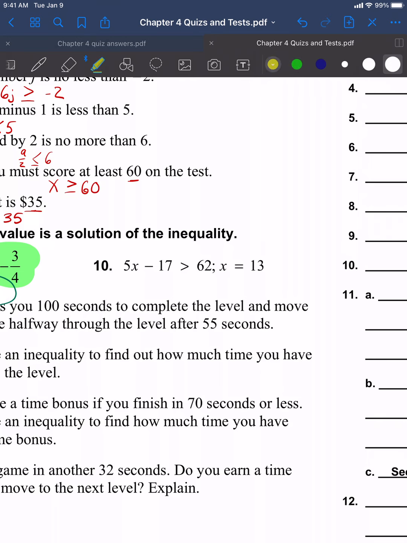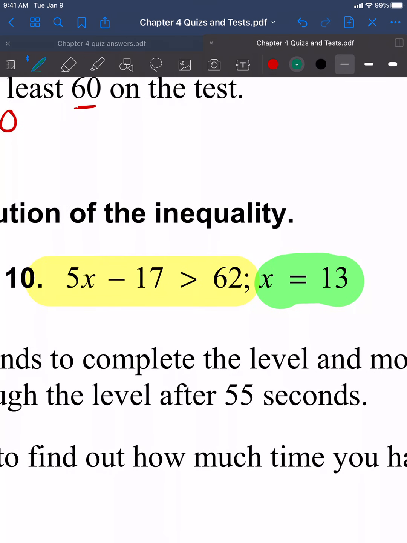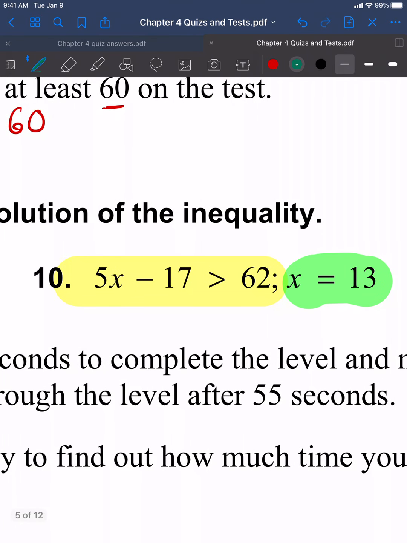This right here is the question. This right here says plug x in as 13. Okay? So let's rewrite it, but now let's put 13 in for x. If x and 5 are snuggled up like that, what does that mean? Multiply.